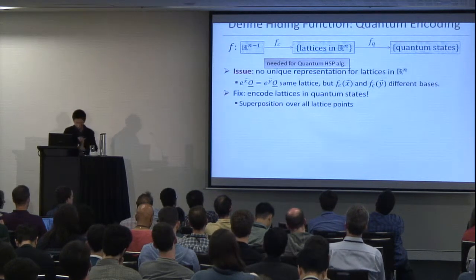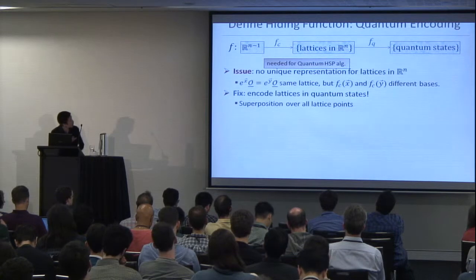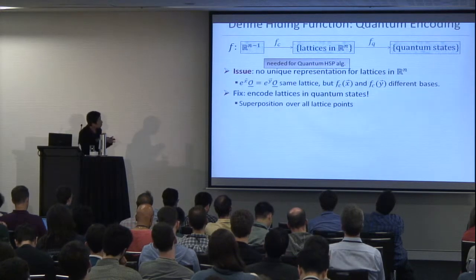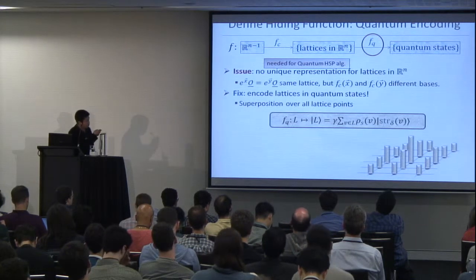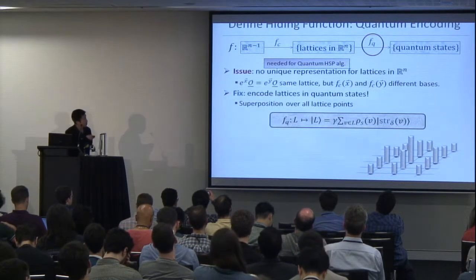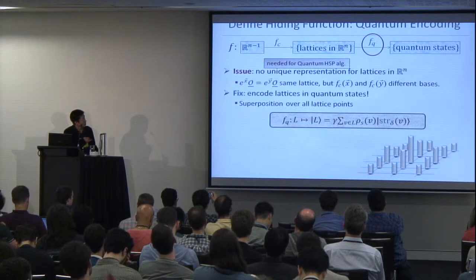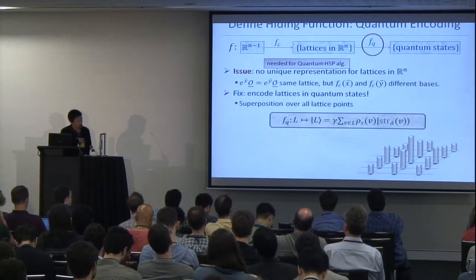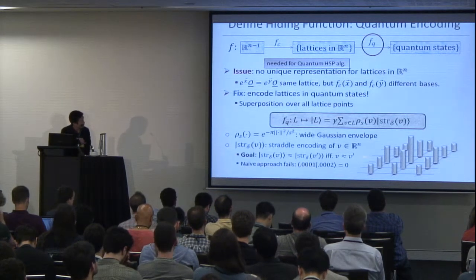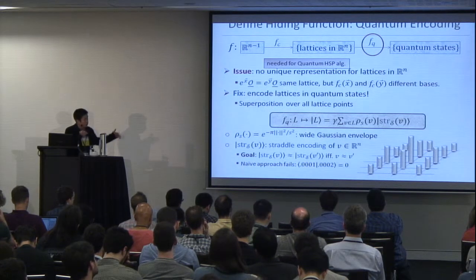So in order to fix this, we introduce the second part of the function. We encode the lattice into a quantum state, which looks like this. We take a superposition over all lattice points under a wide Gaussian envelope.